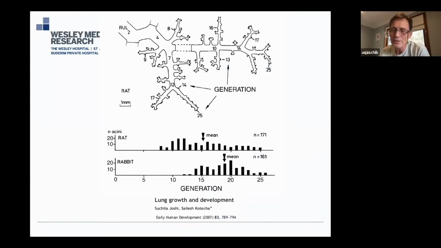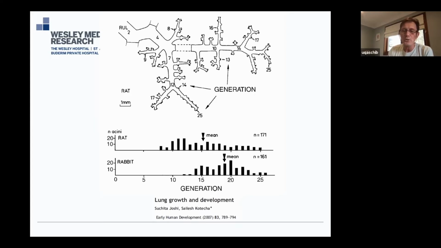And interestingly as well, the lung has matured over the generations of mammals and animals up to humans. A rat, for instance, starts having acinar space after the 4th, 5th, 6th generation.